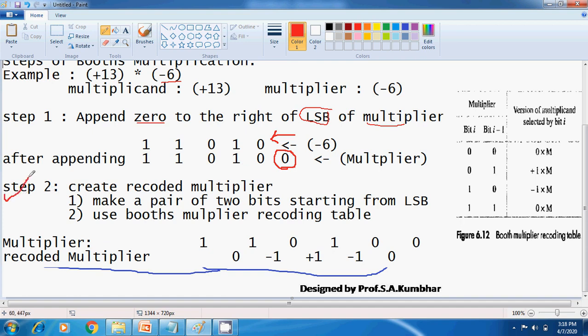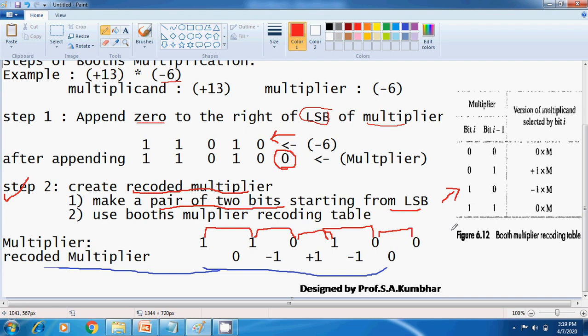In the next step, I have to create the recoded multiplier. First, I have to make pairs of 2 bits starting from the least significant bit, and then by using this Booth multiplier recoding table, I have to create the recoded multiplier. So this would be pair 1, pair 2, pair 3, pair 4, and pair 5.